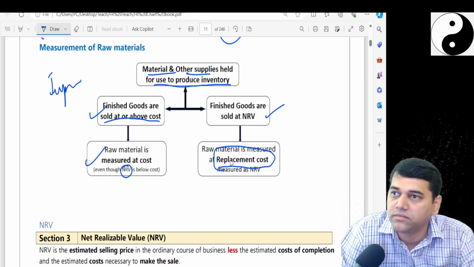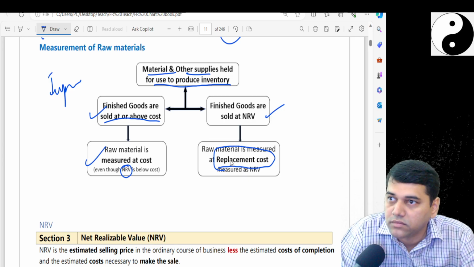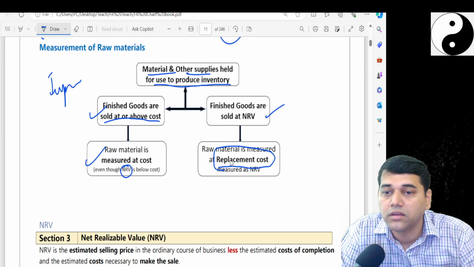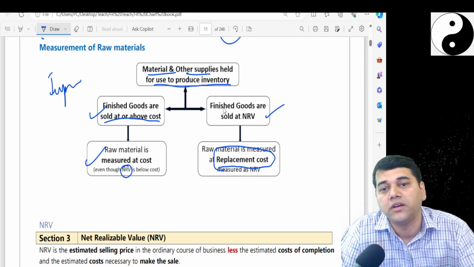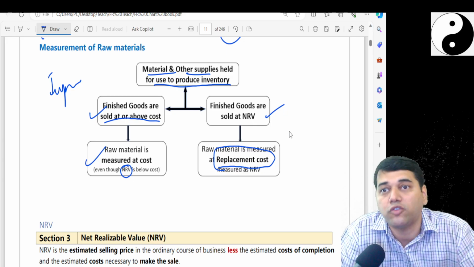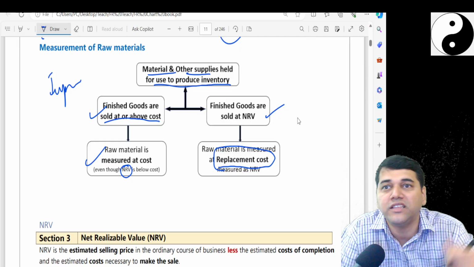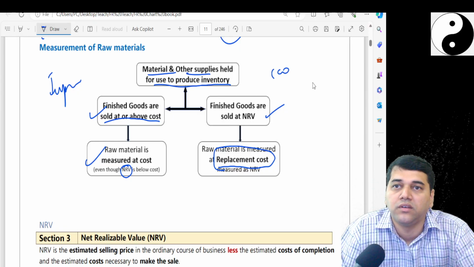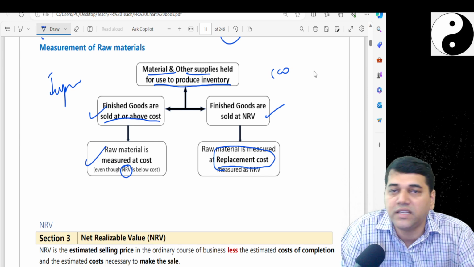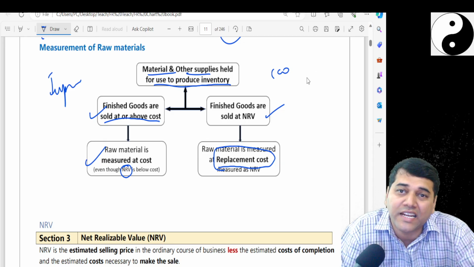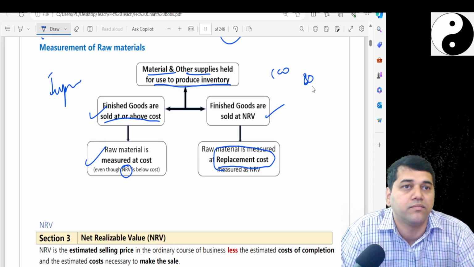Are you clear? Yeah, tell me which. Sorry? Replacement cost means, see, the finished goods themselves are valued at less than cost, that means you are selling at a loss. First of all, apples you purchased, your cost is 100 rupees, and in the next 2 days you understand that suppose a lockdown is going to happen, so you sell at a throwaway price of 80 rupees.